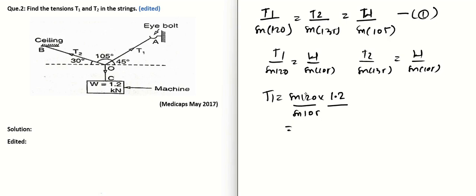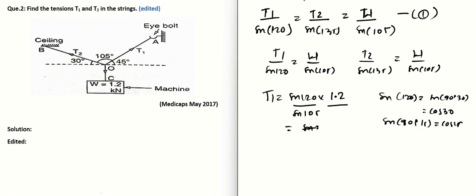You can calculate it by first converting these angles into acute angles. Sine of 120 is nothing but sine of 90 plus 30, which gives you cos of 30, because sine of 90 plus theta is cos theta. We also have sine of 105, which is sine of 90 plus 15, which is nothing but cos 15.